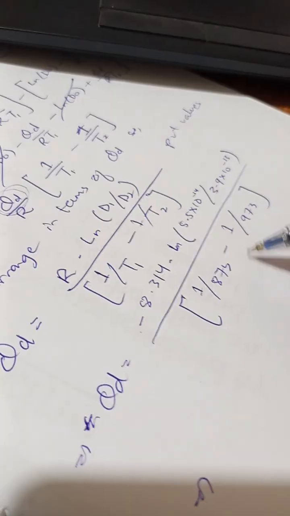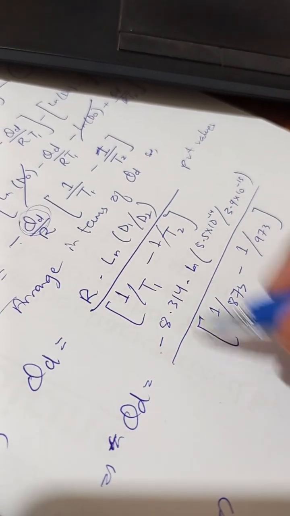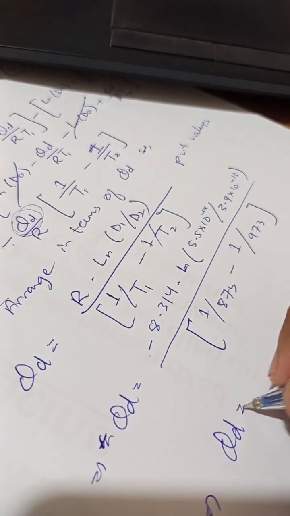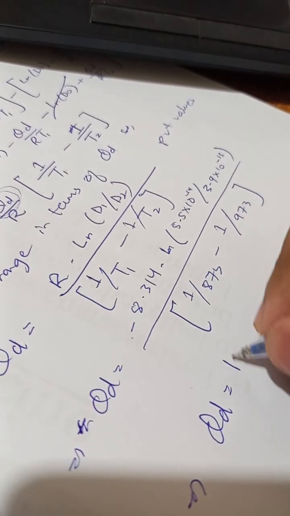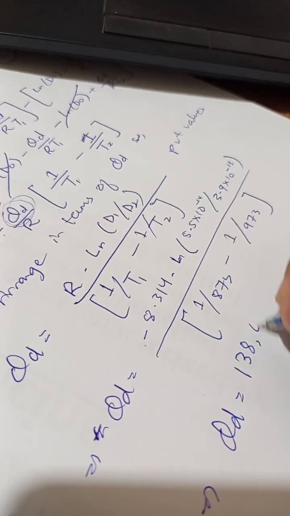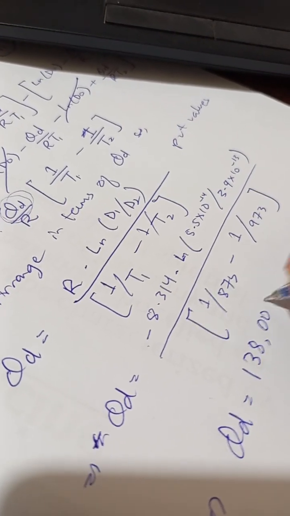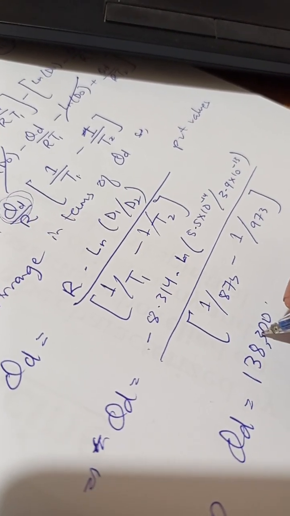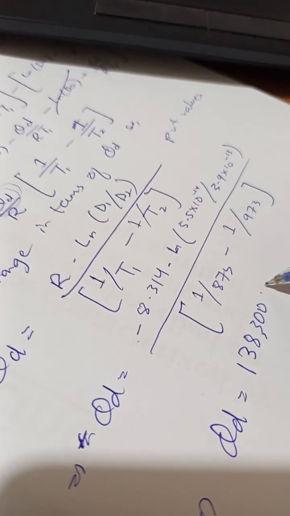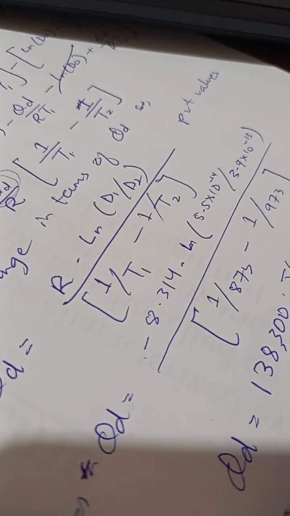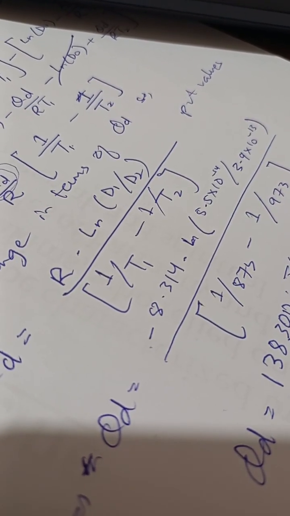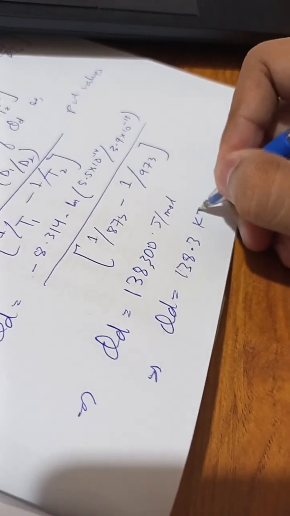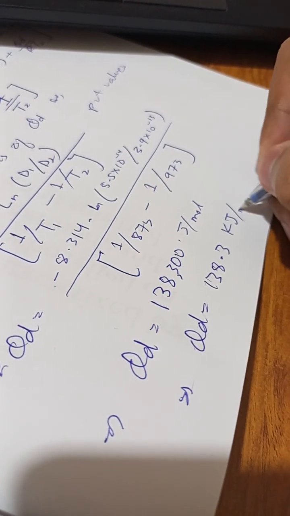So when we solve this completely by calculator, I have already calculated it by pausing the video. The value we are getting is 138,000 joules per mole, or if we convert it into kilojoules, that will be 138.3 kilojoules per mole.